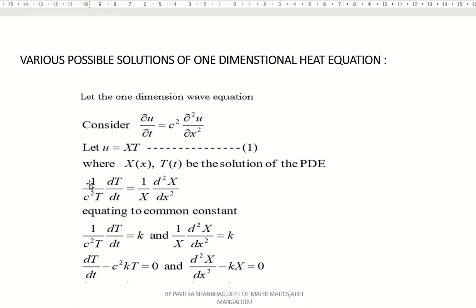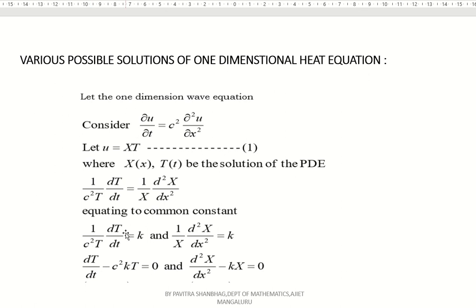So you will get (1/(c² T)) dT/dt = (1/X) d²X/dx². Now here only T and small t, here only capital X and small x. Equate both sides to a common constant k, so that (1/(c² T)) dT/dt = k, and (1/X) d²X/dx² = k.